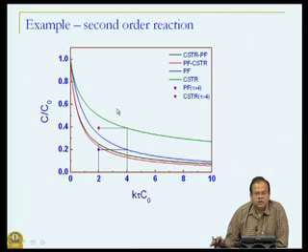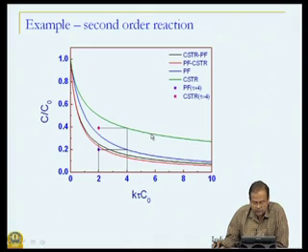So, at first glance we of course conclude that we are looking at exit concentration. So, the higher the value of exit concentration, the lower is the conversion. At any value of this dimensionless parameter, we see that a single CSTR gives you low performance, because exit concentration is high. So, conversion is the lowest.